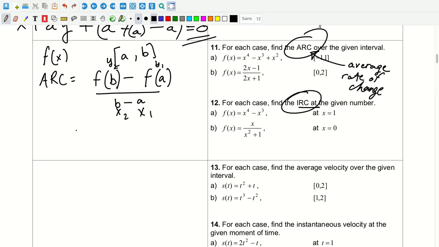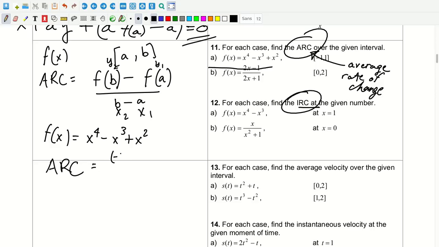So essentially all I'm going to do is plug in values. I know that f of x equals x to the 4 minus x cubed plus x squared. So the average rate of change for this question, 11a, over an interval negative 1 comma 1, equals the following.